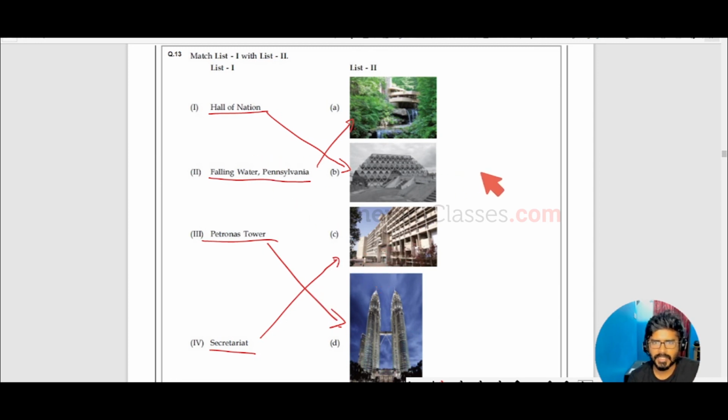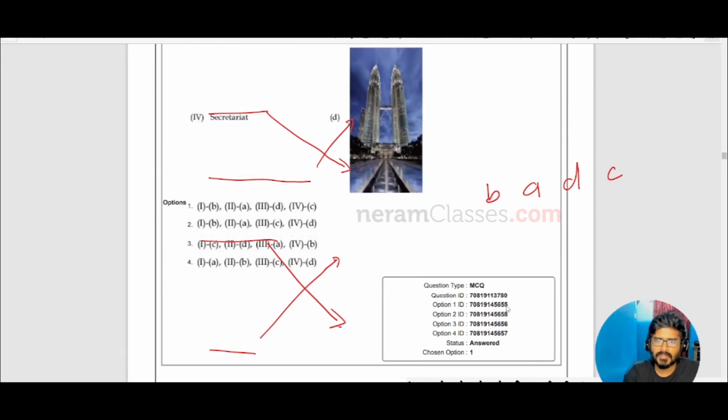Okay, so the answer for this would be Hall of Nation, one will be B, and two will be A, and Petronas Tower will be D, and then Secretariat will be C. So we need to compare this with the options. B, A, D, C. So the answer is option 1.